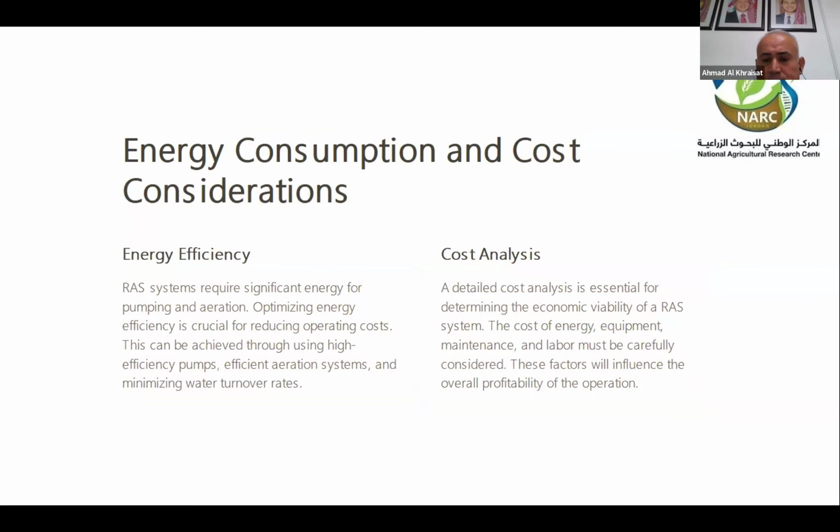The cost analysis is very important because energy has a relationship with cost, and the system depends on energy.